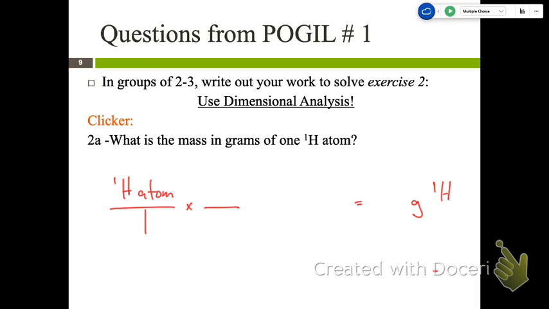Do you expect it to be a big number or a small number? Focus on setting it up. Don't worry so much about calculating it yet.